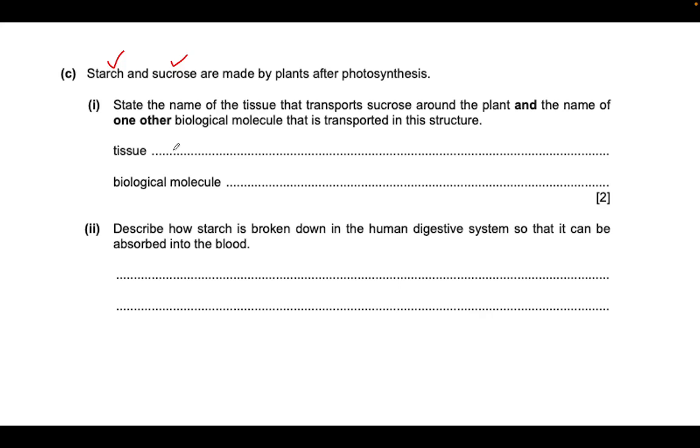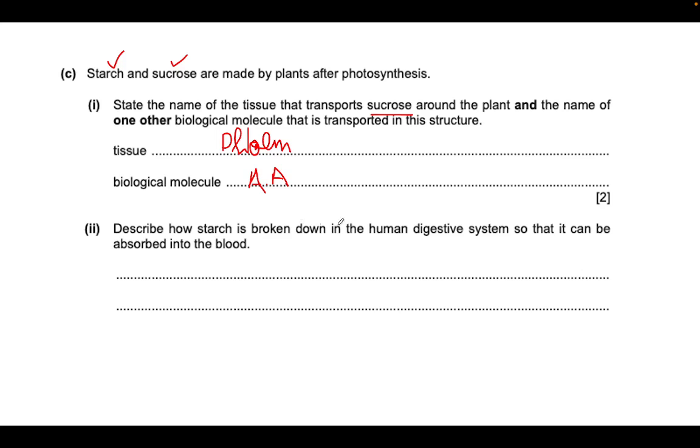But the tissue here for sucrose, since it's the one we are talking about, is phloem. Another biological molecule is amino acid, because both amino acid and sucrose can be transported via the phloem.